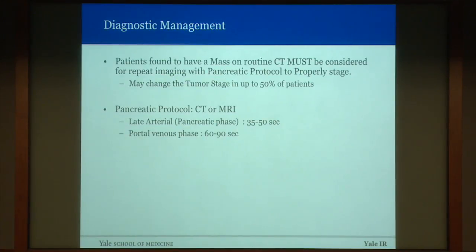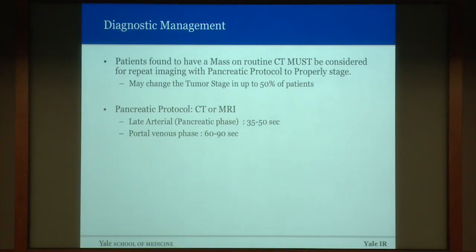Okay, so if a patient has some abdominal pain or is coming through the ED and they get a CT, which is probably the most frequent way of diagnosing these things, they'll have a routine CAT scan. Okay, and a routine CAT scan can sometimes misdiagnose and definitely misstage a pancreatic adenocarcinoma in up to 50% of the patients.